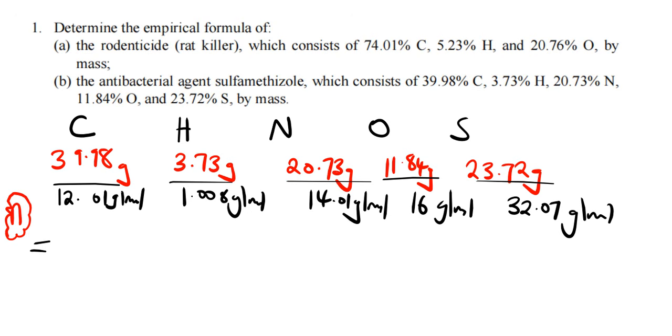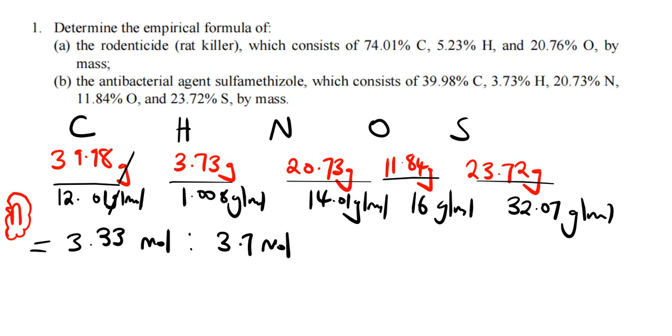Then I find the number of moles for each of these elements. If I divide 39.98 by 12.01, I'm getting 3.33 moles, because the gram and the gram cancel. That is the moles for carbon. For hydrogen, 3.73 divided by 1.008, I'm getting 3.7 moles.